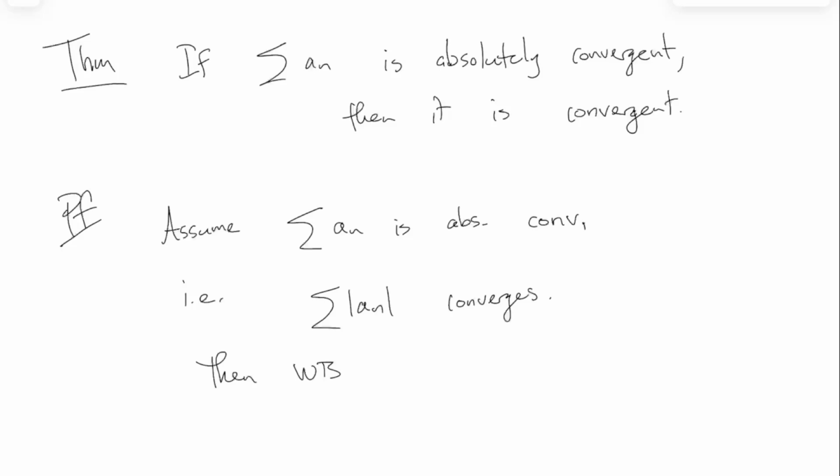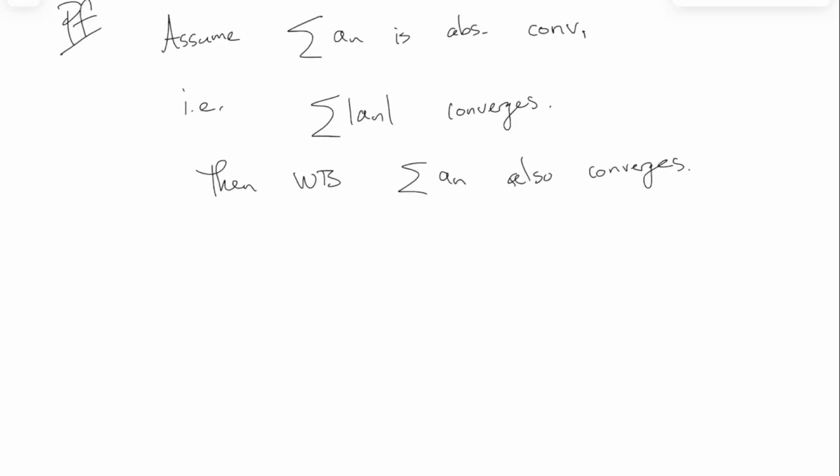Then I want to show that the sum of a_n without the absolute values also converges. If we know it converges with the absolute values, we want to demonstrate why it converges without them. And the trick is simply to add them together.